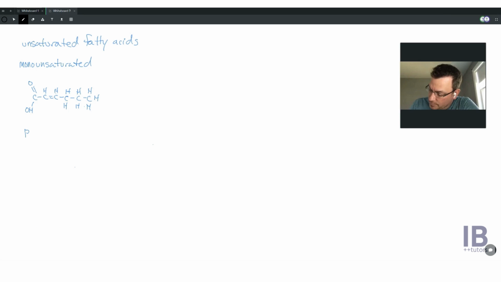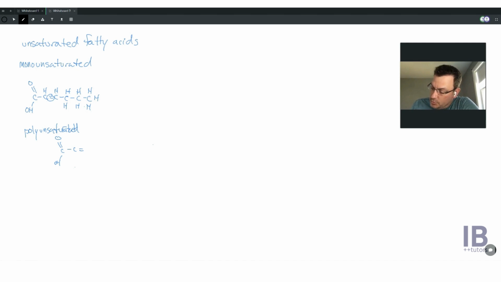And then we can also have poly unsaturated. So when you have a double bond, like here, that means that there's two hydrogens that can no longer bond to those carbons because now all their bonds are filled.